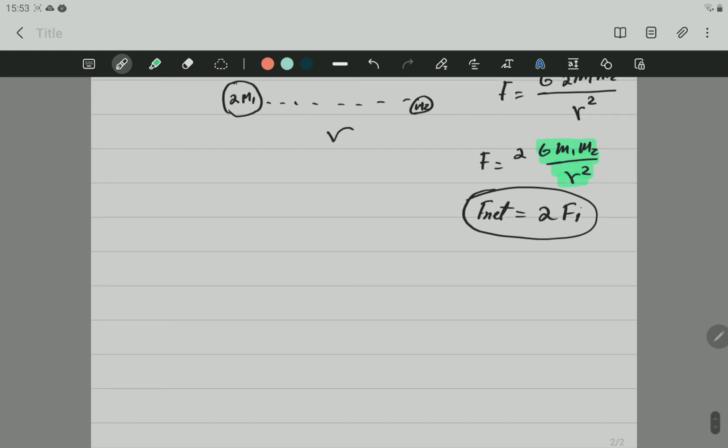All right. Let's have another scenario in which we have the same objects as at the beginning, m1 and m2, but the distance is now doubled. So this distance here is not r1, it's going to be 2r1. How do we find out what happened to the force, how the force changes? So the force is equal to G multiplied by m1 m2 divided by the distance squared. But the distance is now doubled.